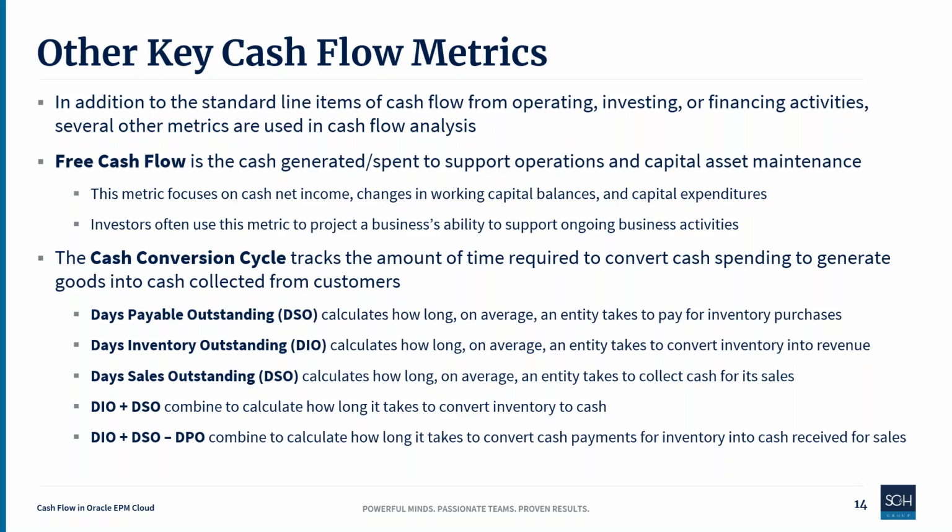Free cash flow is simply the cash generated to support the operations of the business, including capital asset management. It's basically the cash you need to be able to support all of the operations and everything you need in order to complete those operations. It focuses just on that operating section as well as CapEx, so it's going to ignore your investing and financing activities.